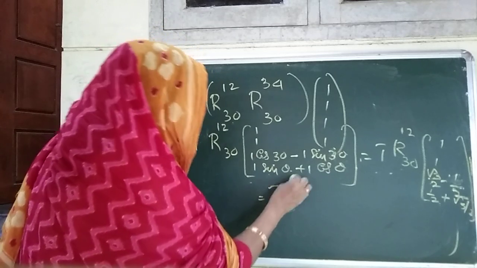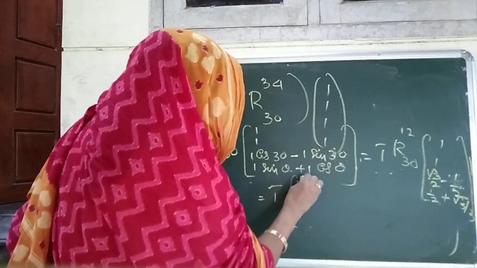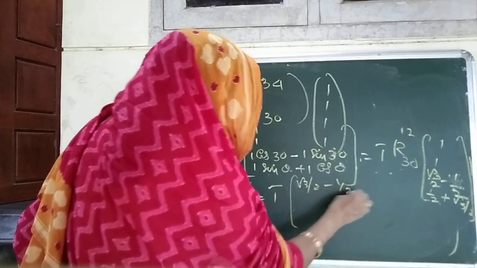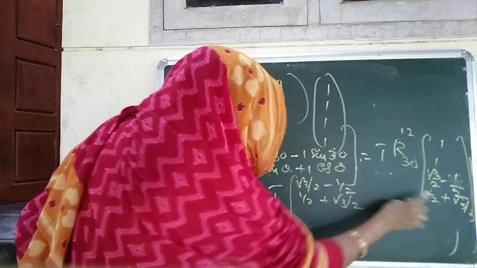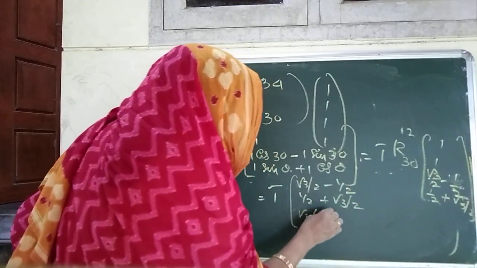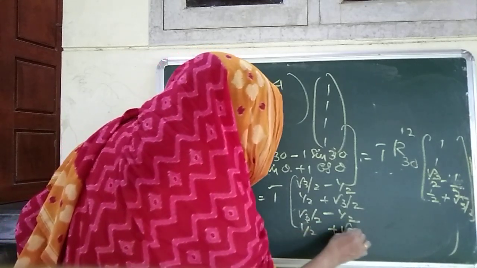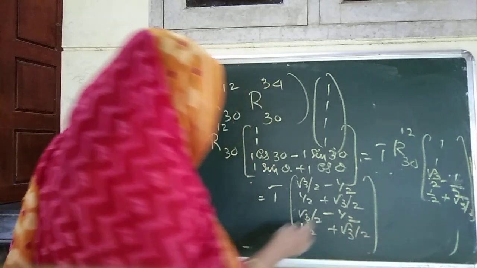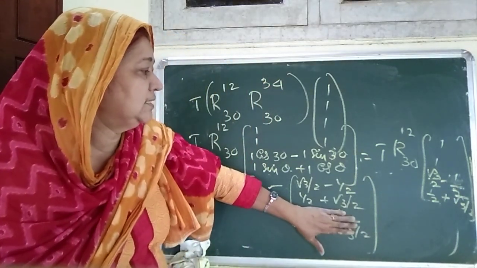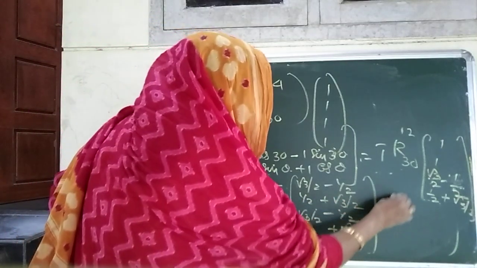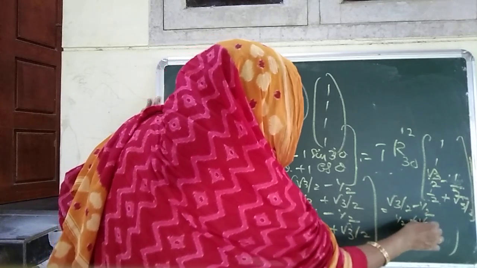Again, the same: root 3 by 2 minus 1 by 2, 1 by 2 plus root 3 by 2. Again we have to apply R4 to R2, so these two become 0. So the final image is root 3 by 2 minus 1 by 2, 1 by 2 plus root 3.